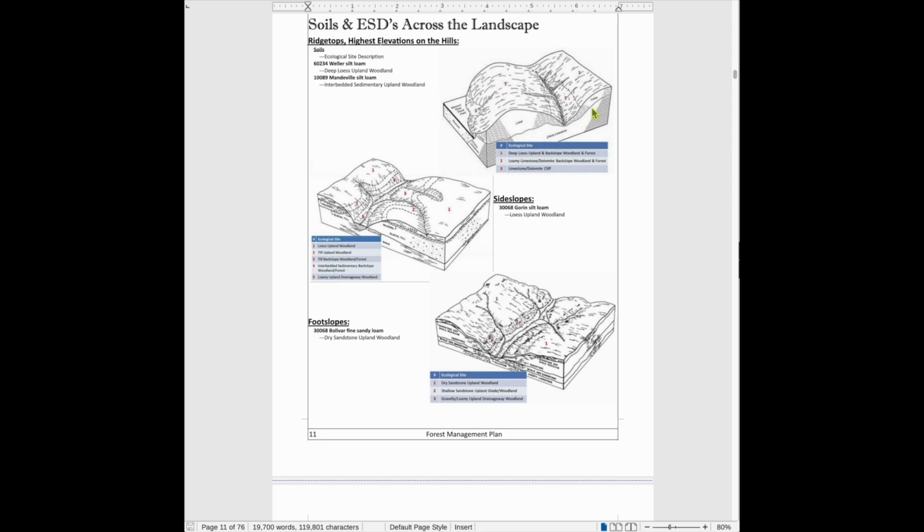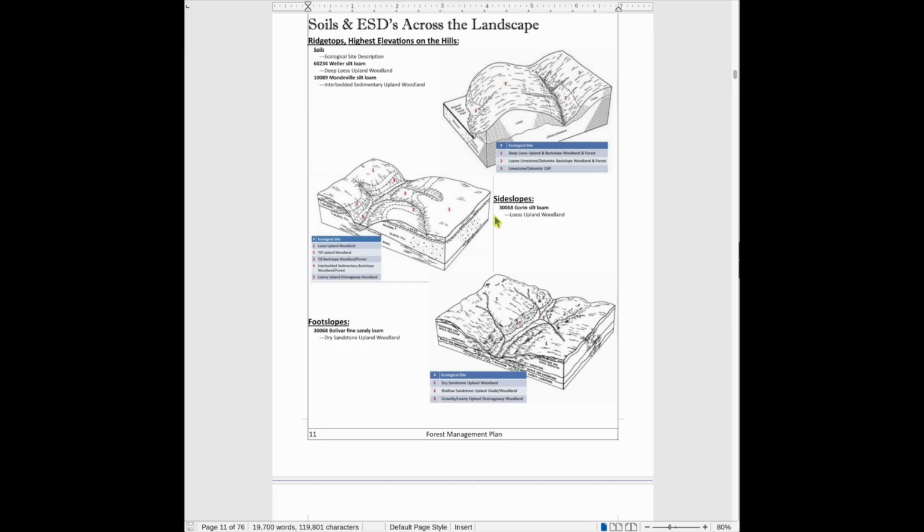These are the landscape diagrams that show where we would find a deep loess upland woodland. If we go down here, deep loess upland woodland, that's going to be number 1, which is all this soil here, and it stops at these cross lines. Stops there. So it covers all this ridgetop, and it's next to big rivers, and it's really deep loess.